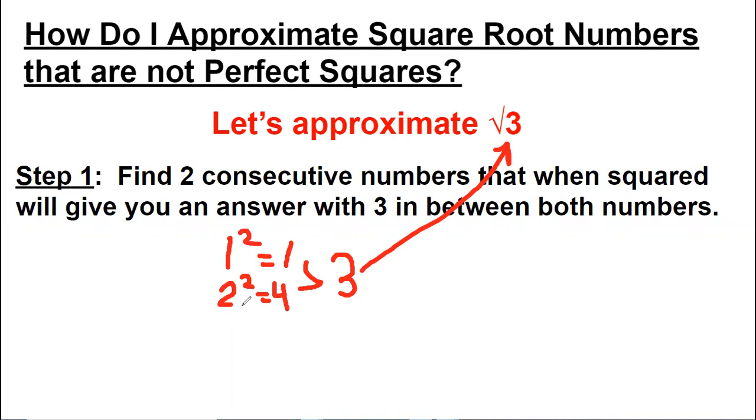So we know that our approximation is going to be somewhere in between 1 squared and 2 squared. We don't know what. We want to get as close to the square root of 3 as we can, to a certain approximation. And in the problems, it will tell you what approximation. They're going to say, do you want to get to 1 decimal place, 2 decimal places, 3 decimal places?